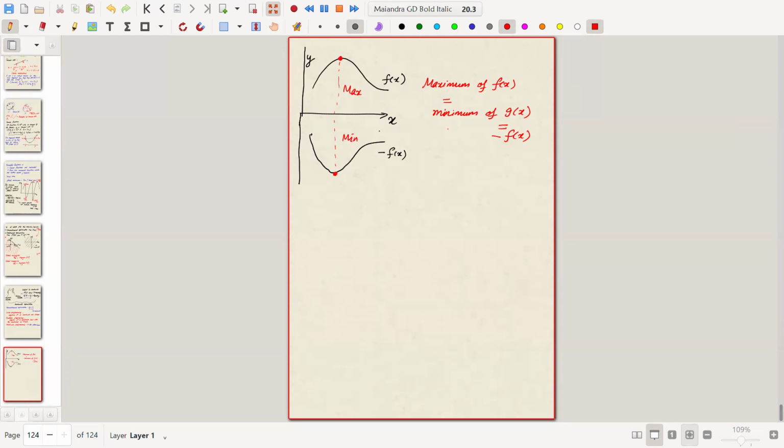If you want to find the maximum of a function, take the negative of that function and find the minimum. Then it is like finding the maximum of that function.